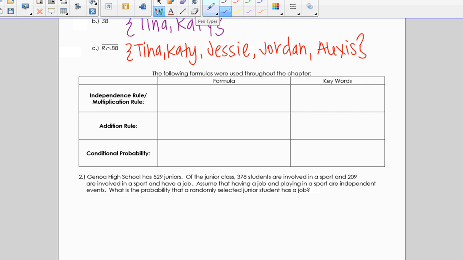So that is the probability of A and B is the probability of A times the probability of B. Okay, so that was a big formula that we used throughout the chapter. And the keywords that you want to look for there are and, because of the and symbol, and obviously independent.